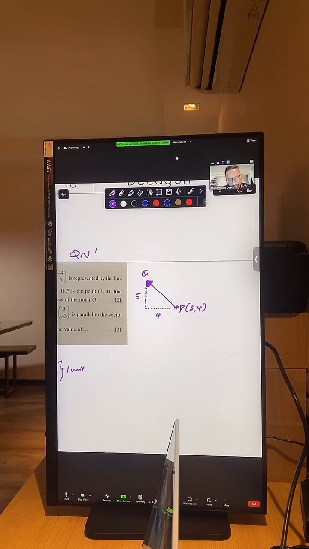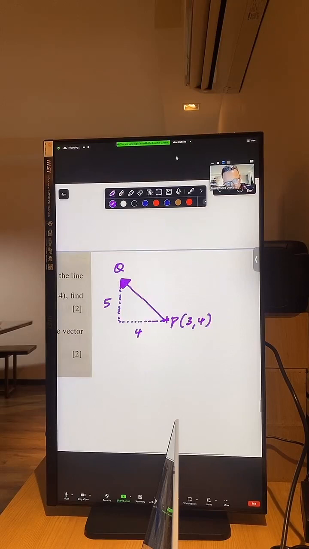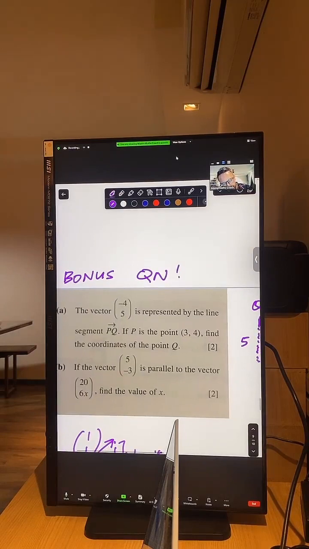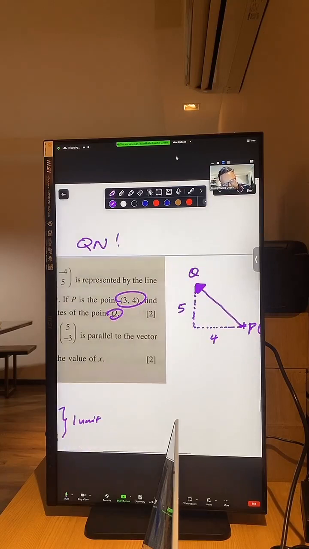What I know is my x coordinate I need to minus by 4. So basically, if I have this and I want to get this, I must take 3 minus 4, which gives me minus 1.